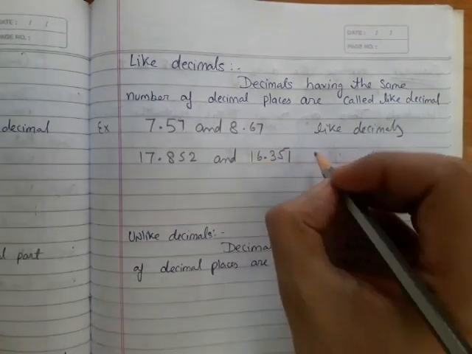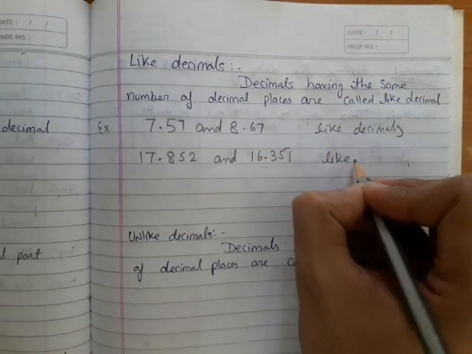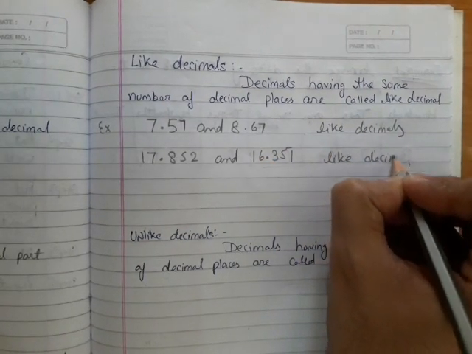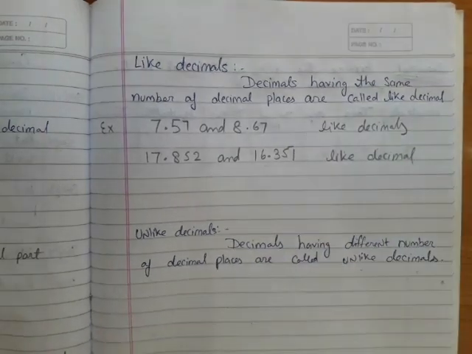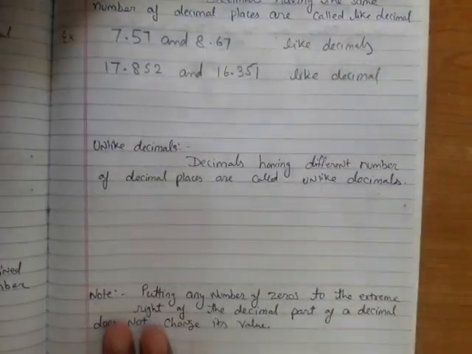So in both cases the decimal places are the same, hence this is also a pair of like decimals.